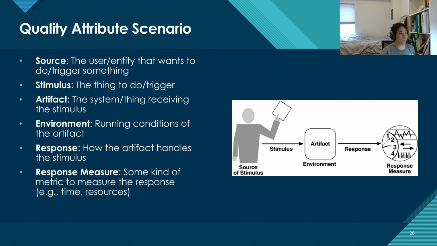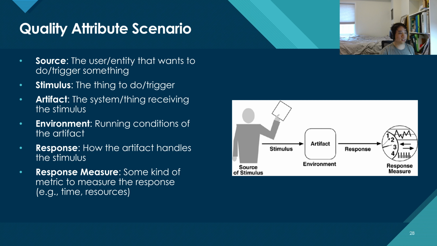Here's some of the simpler definitions that I typed up. The source is the one that stimulates the system. So it's the one that wants to do something, maybe a user, a developer, some external system. It's kind of an actor of some sort. A stimulus is the thing that's gonna happen. So it's the trigger.